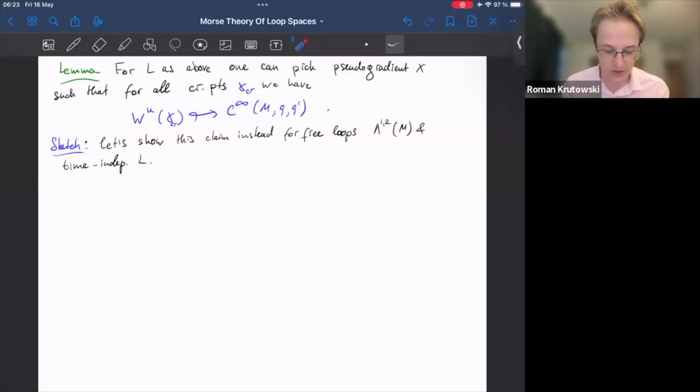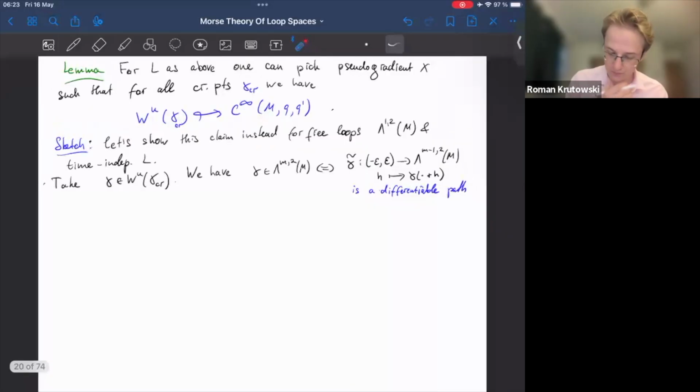So let me give a sketch of how one can prove this lemma, but in a case where we work with a free loop space and L is time independent. In this case, the unstable manifold, we're in this Morse-Bott setting because we can rotate along S1.